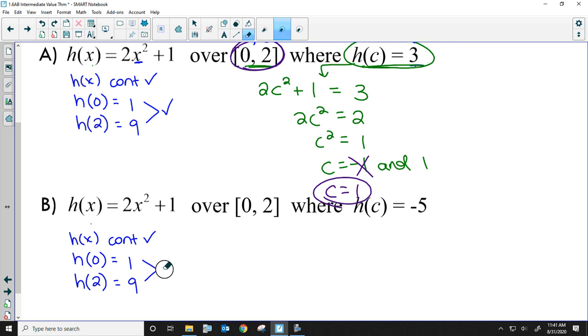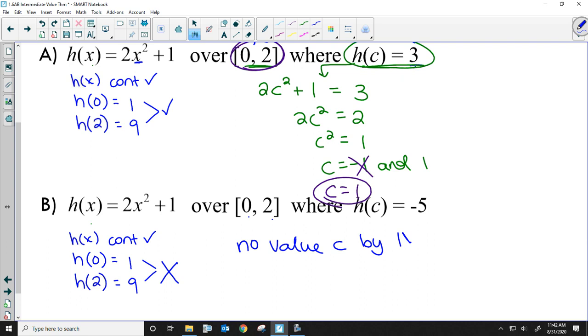So, is it? You still have continuity, right? That's still just a regular parabola, but we compare those outputs, 1 and 9. Is -5 in between 1 and 9? No, it's not. So IVT isn't helping me do anything, and you can't go on any further. So there's no value c by IVT.